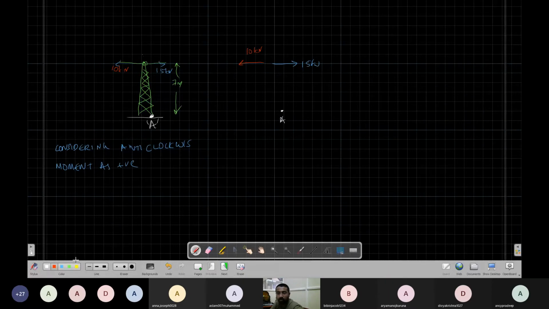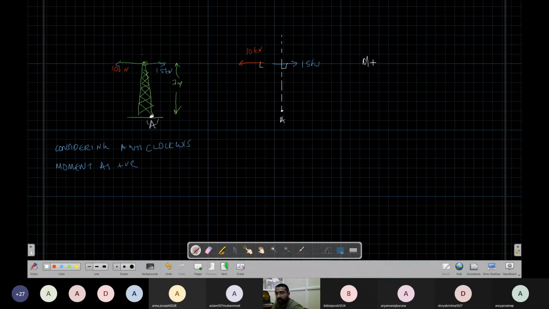Now I will draw a perpendicular passing through a straight line. This will be perpendicular to these forces.